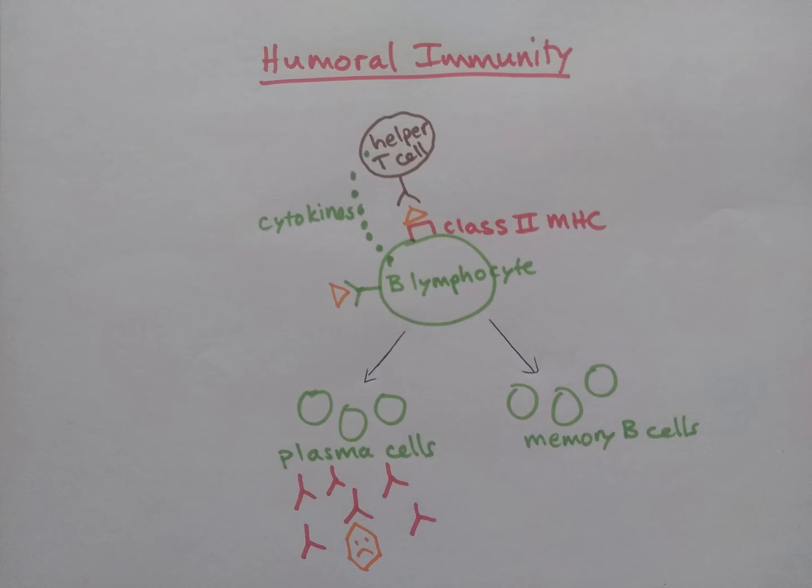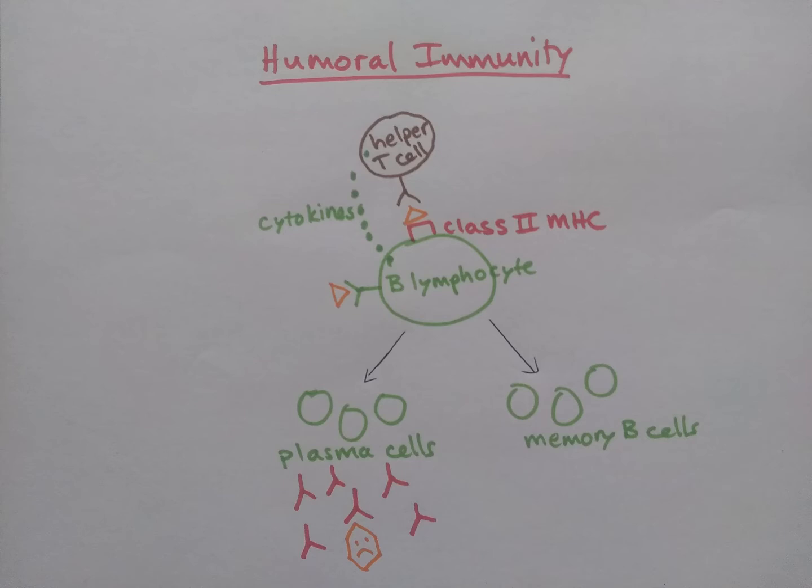But the antibodies will bind to any of the pathogens that are out in the body fluids. So they're not inside the cells, they're out in the body fluids. And here we've got a virus, very sad, it's been tagged with the antibody, and anything that's bound with an antibody will be marked for destruction and the other white blood cells will come over and get rid of it.